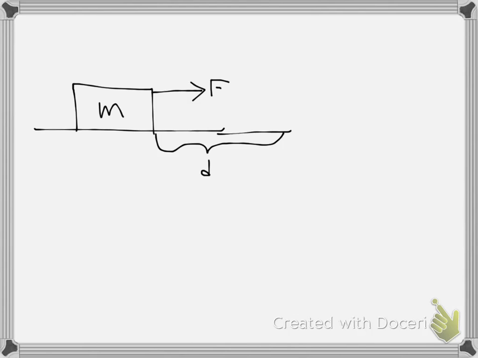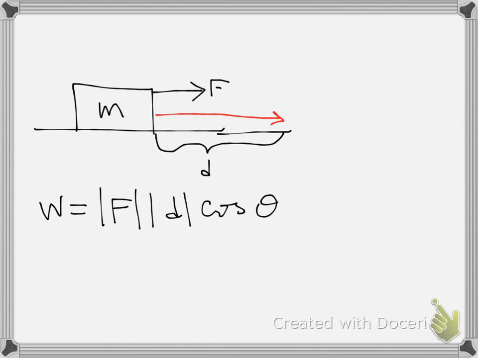So the work being done by force F, since the distance that it travels, the distance vector and the force vector are in the same direction, the angle between them would be 0. Good. And the cosine of 0 is 1. So we take the magnitude of the force times the magnitude of the distance times the cosine of the angle between them. So in this case, it's simply the magnitude of the force times the magnitude of the distance, because the cosine of 0 is 1.